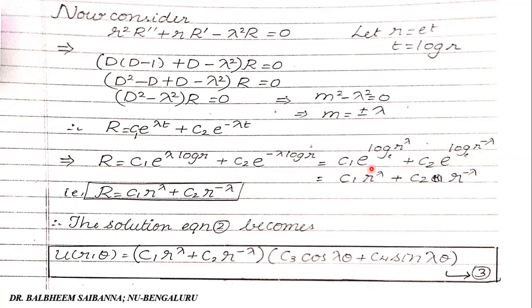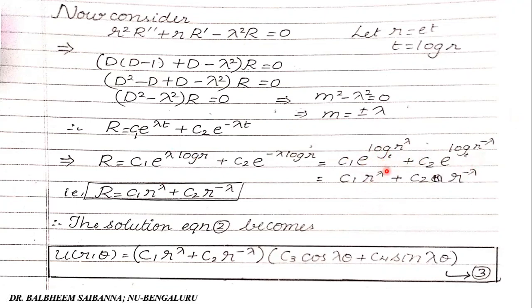You can write it in this form: logarithm of m to the power of n is n log m, which can be written as e to the power of logarithm of m to the power of n. We are writing that form here: C1 e to the power of logarithm of r to the power of lambda to the base e plus C2 e to the power of log r to the power of minus lambda to the base e.